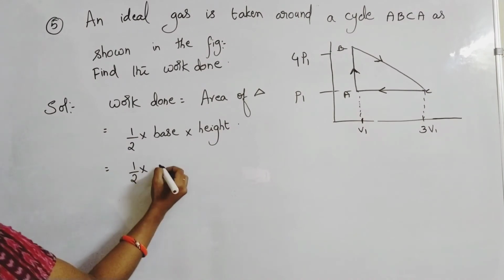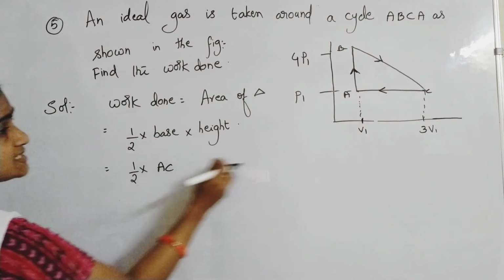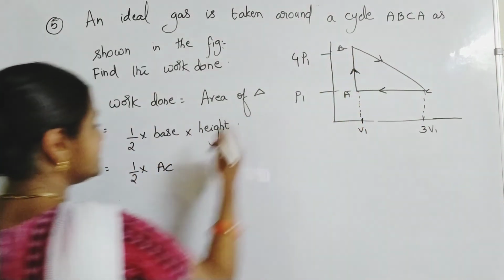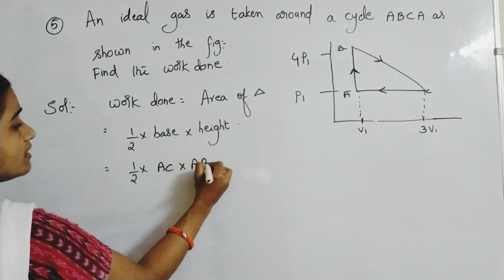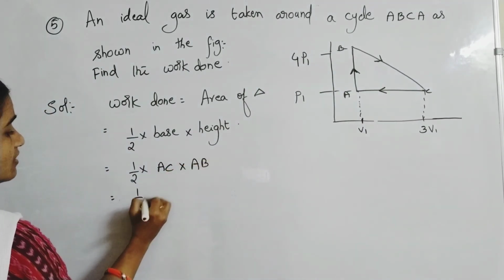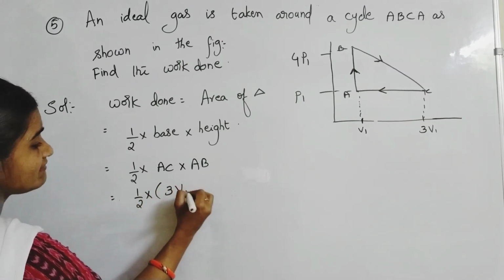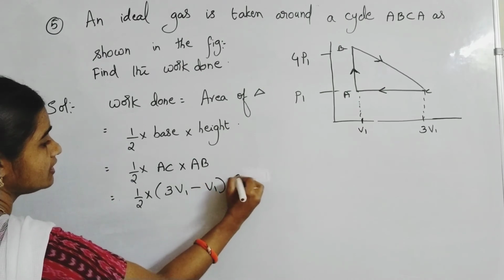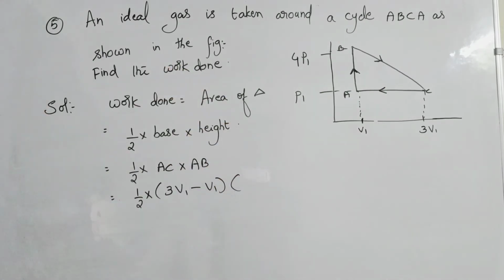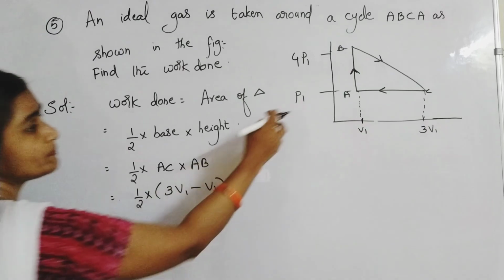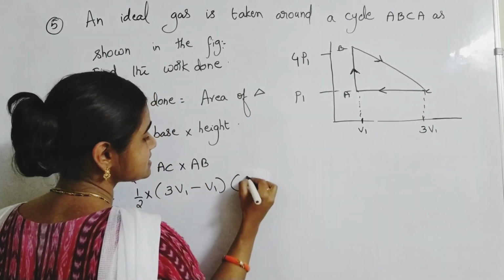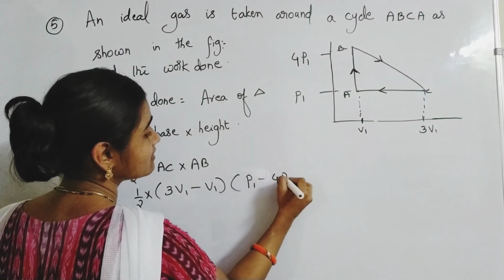Here base is AC and height is AB. So half into 3V1 minus V1 into AB value, which is P1 minus 4P1.